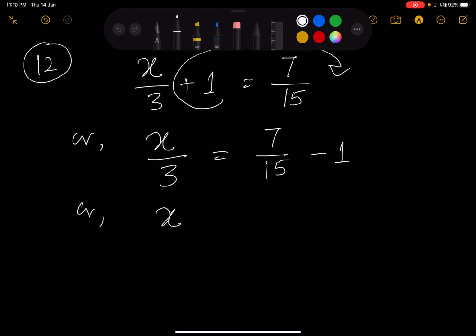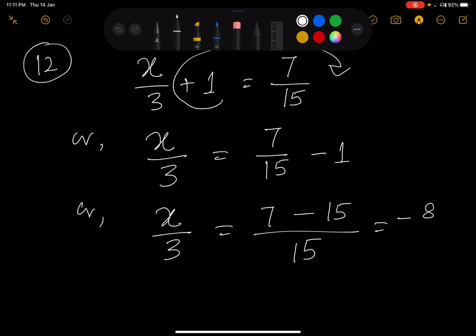Or we can write now x by 3 is equal to, so the LCM is 15, it is 7 minus 15 is equal to minus 8 by 15.